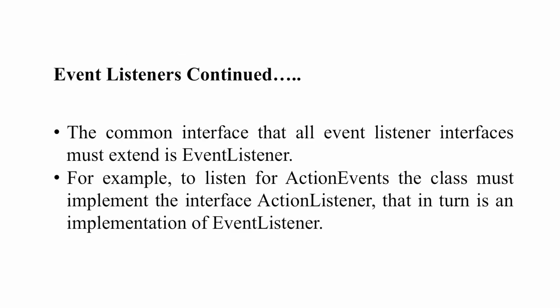EventListener is a common interface which all event listener interfaces extend, like, to listen for an action event, the class is responsible for implementing the ActionListener interface, which in turn extends EventListener.